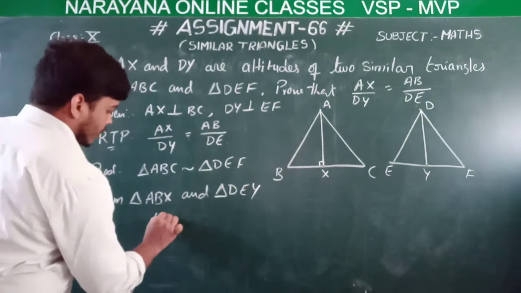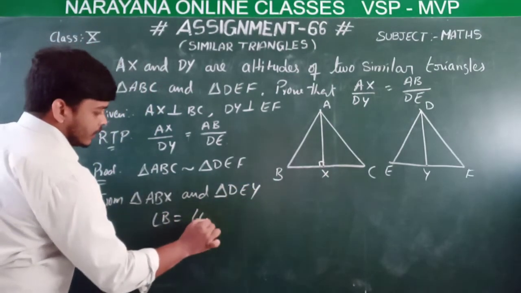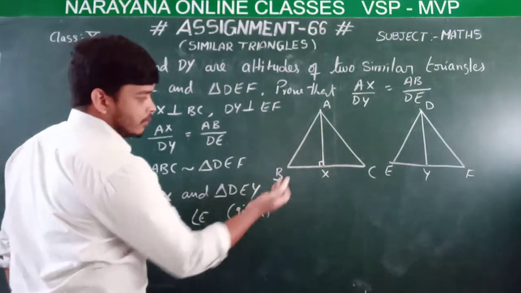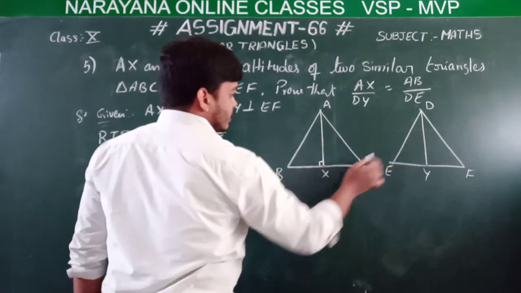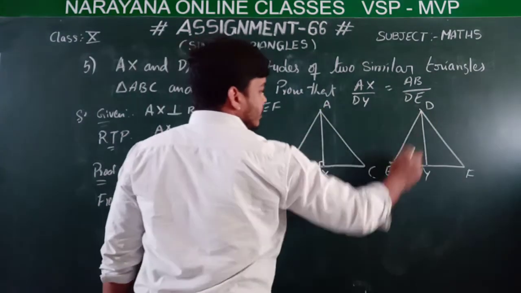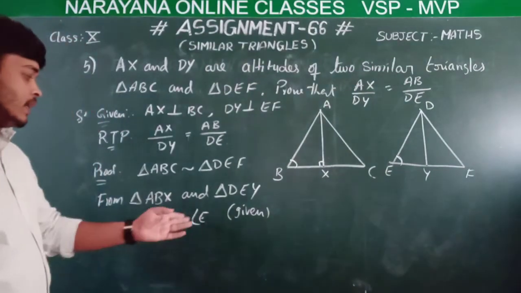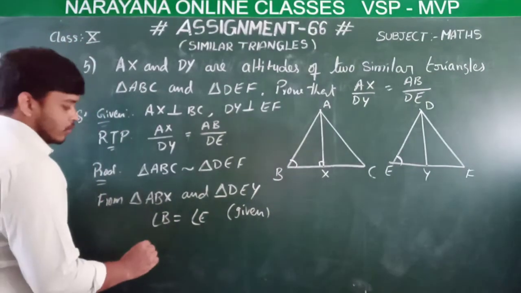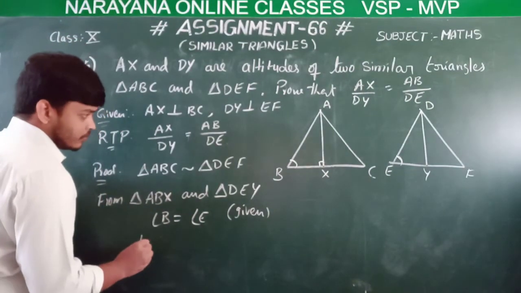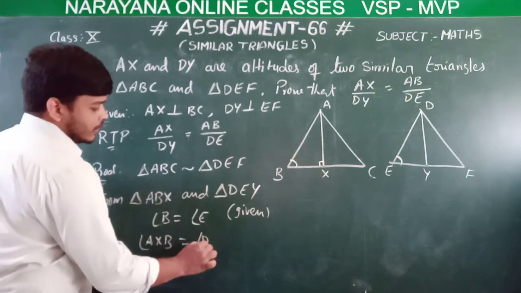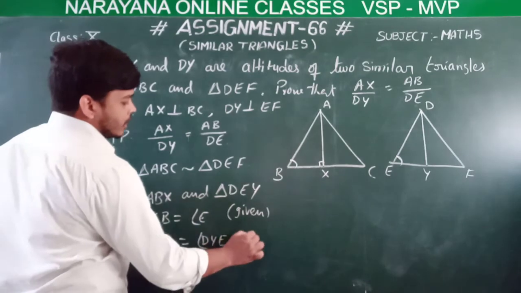See here, angle B is equal to angle E is already given. Why? These two triangles are similar, right? ABC is similar to DEF means their corresponding angles are equal. So that is why it is already given. And also angle AXB is equal to angle DYE, which is 90 degrees.